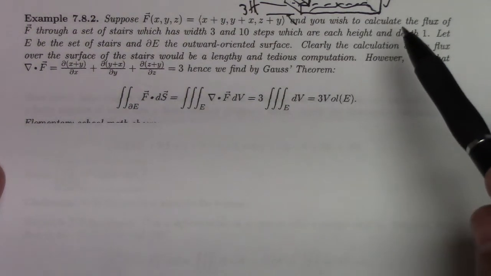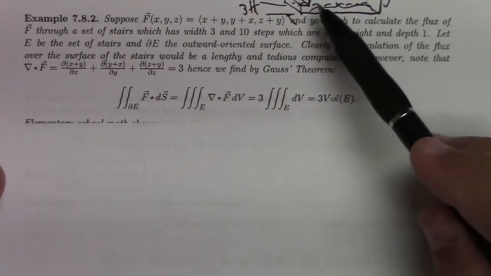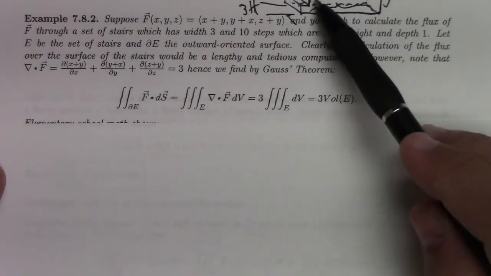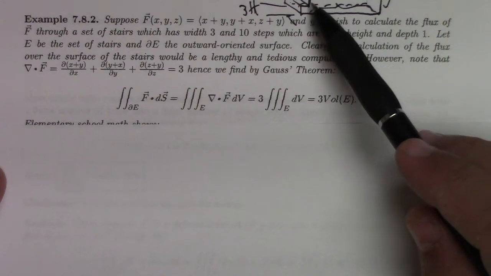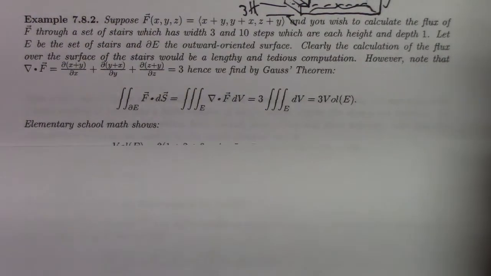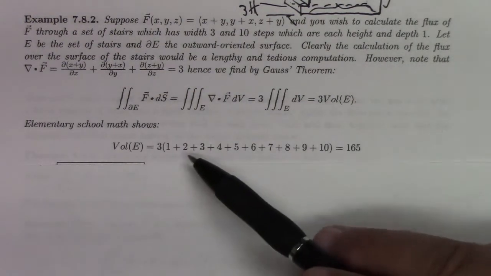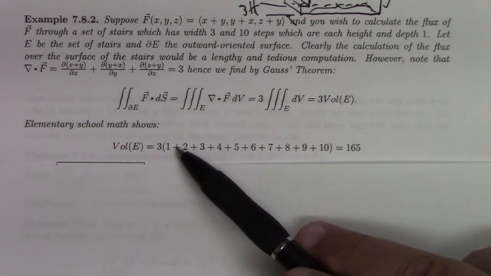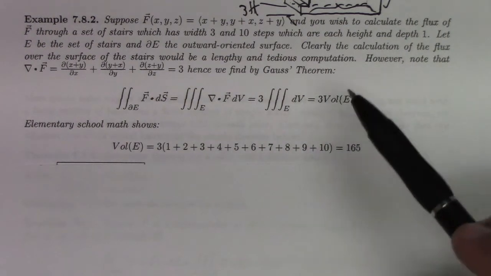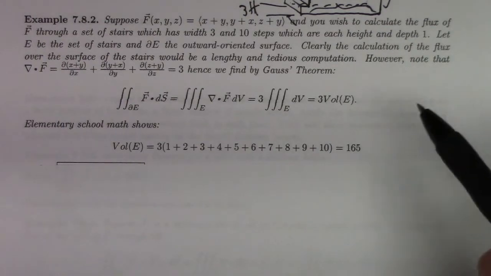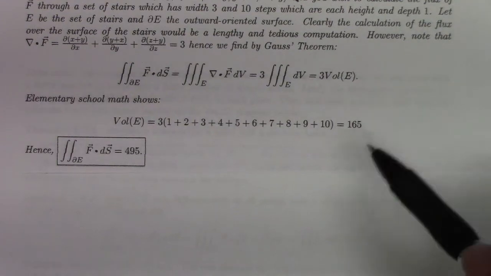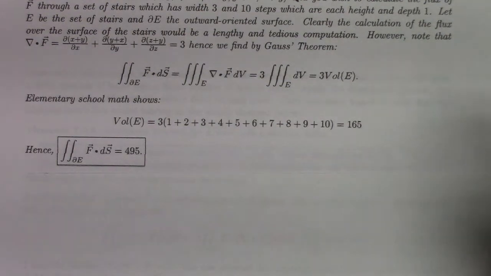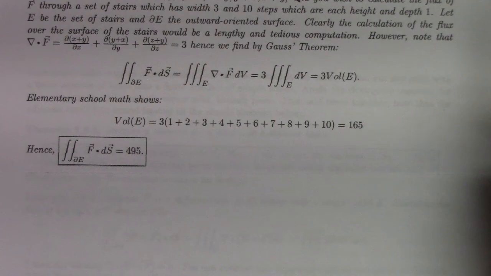And you could calculate the volume of the stairs easily enough. It's 30 plus 27 plus 24, and so on. So in fact, 165 is the volume, and 3 times that is 495. So, yeah, that's the divergence theorem.